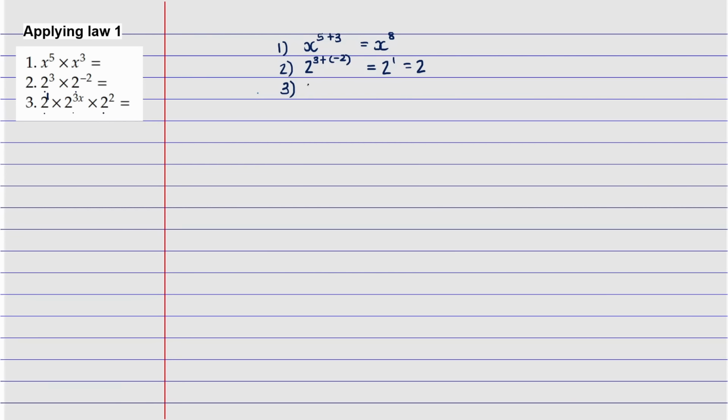So this is going to be 2 to the power 1 plus 3x plus 2, right? And this is going to be equal to what? Group like terms, which is going to be 1 and 2. So this is going to be the same as 2 to the power 3x plus 3. And this is how you would solve this question.